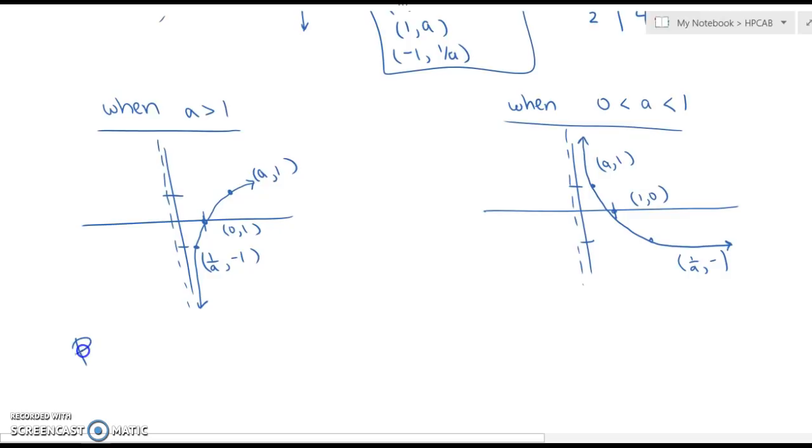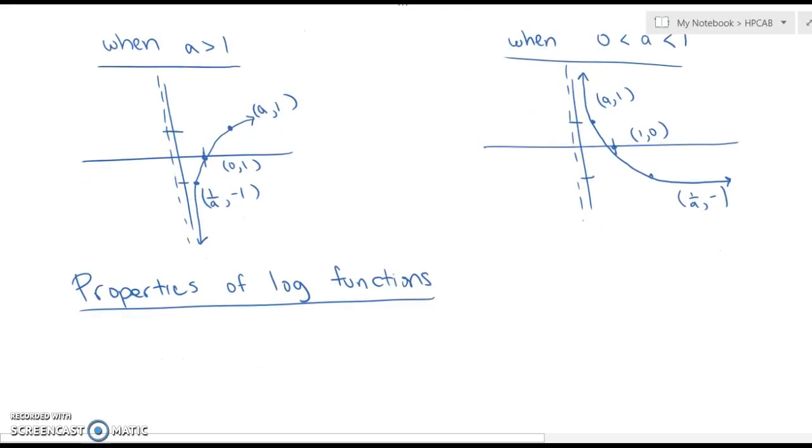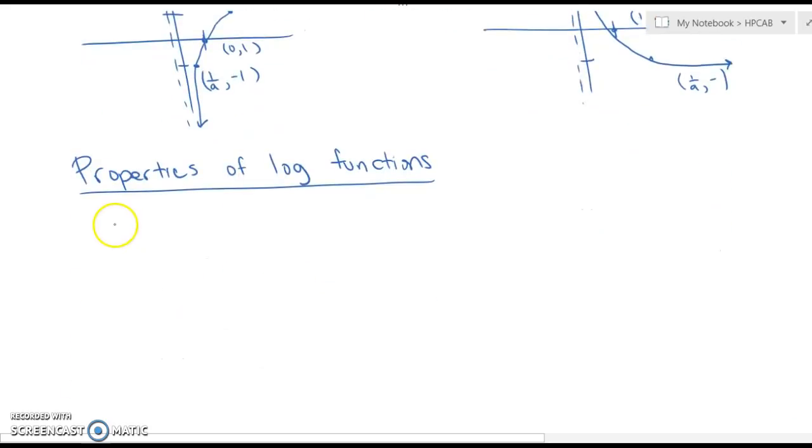All right, so the properties of log functions. There's going to be a whole list of them. The domain is going to go from 0 to infinity, and the range can be anything, negative infinity to positive infinity.